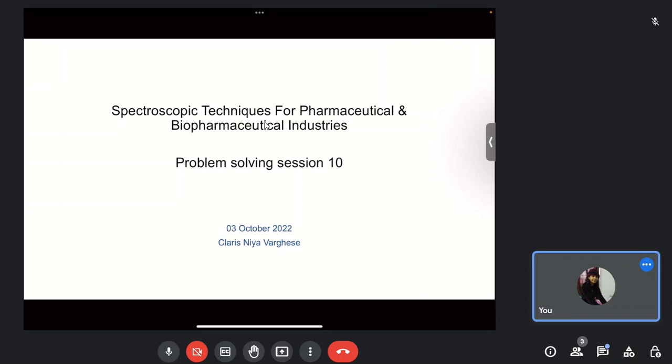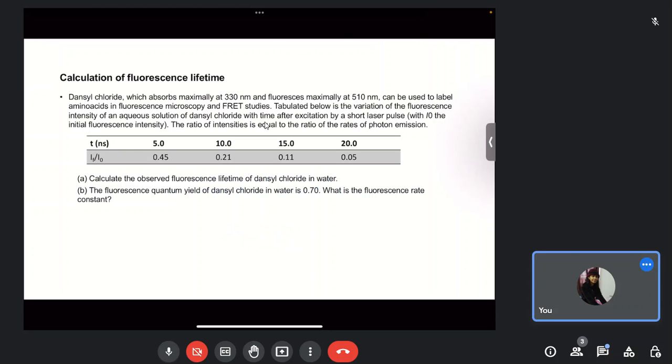So let's start with the first question, which is to calculate the fluorescence lifetime. Dansyl chloride, which absorbs maximally at 330 nanometer and fluoresces maximally at 510 nanometer, can also be used to label amino acids in fluorescence microscopy and FRET studies.